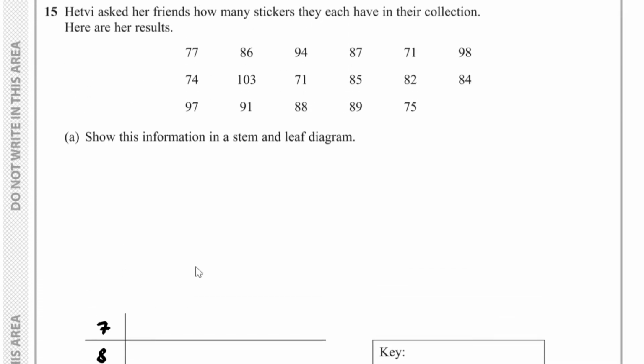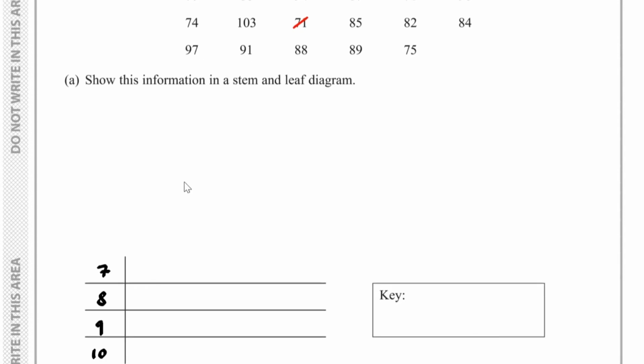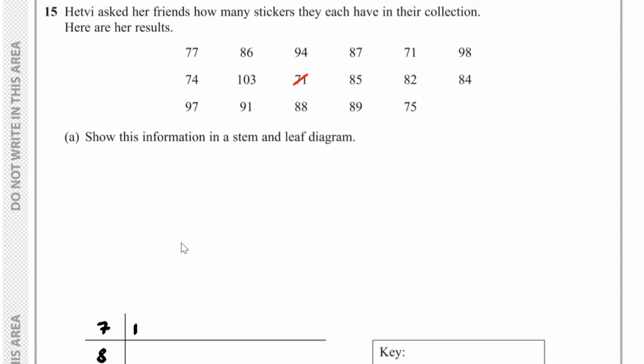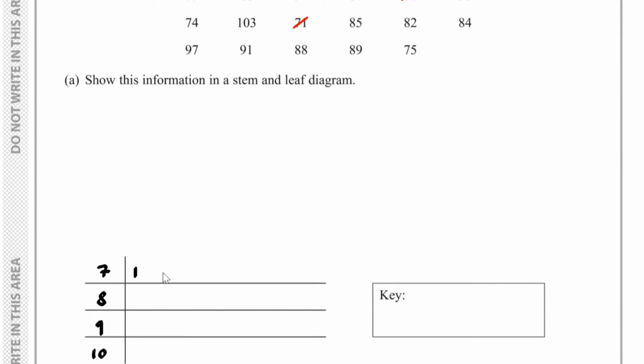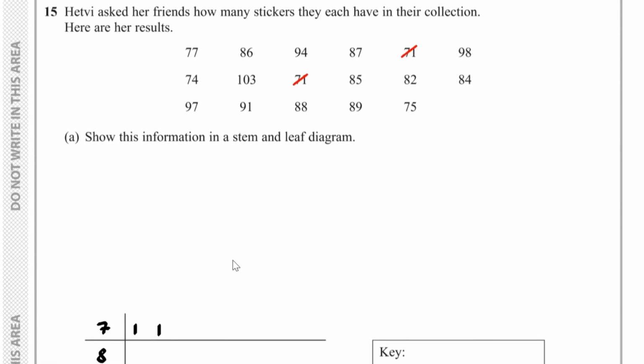Now let's take a look at the 70s. The smallest one is this 71. The next smallest is this 71. The next smallest is the 74.